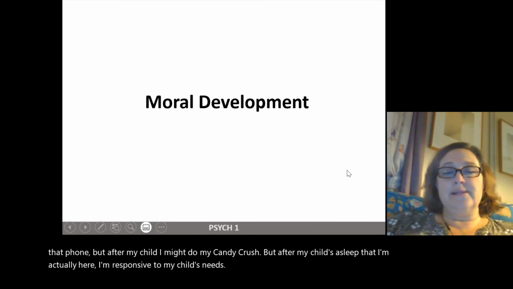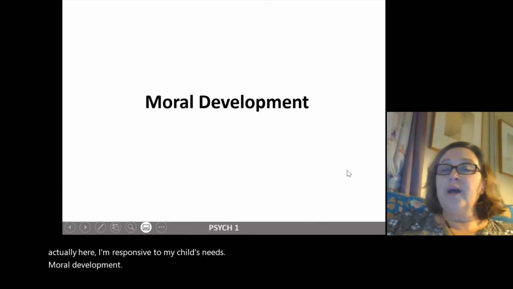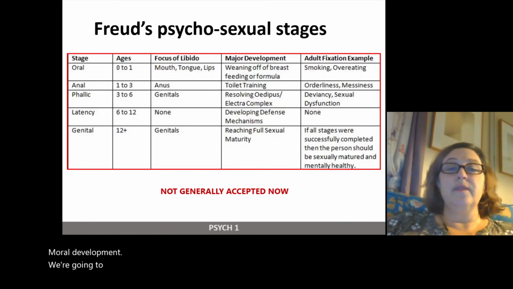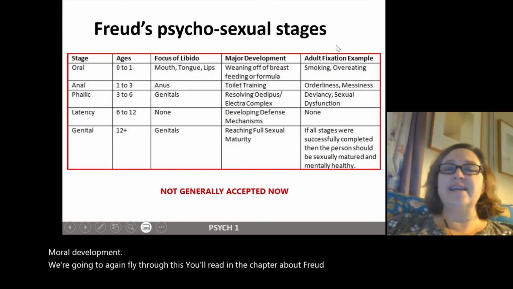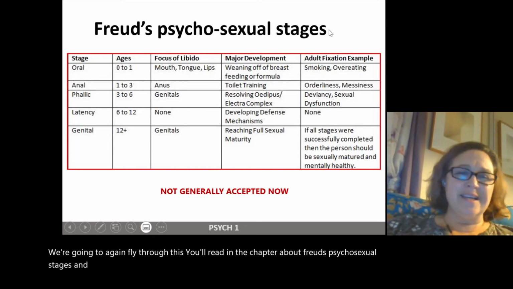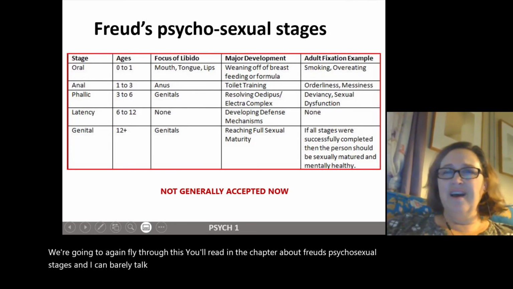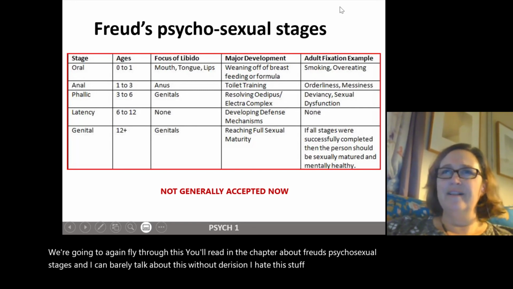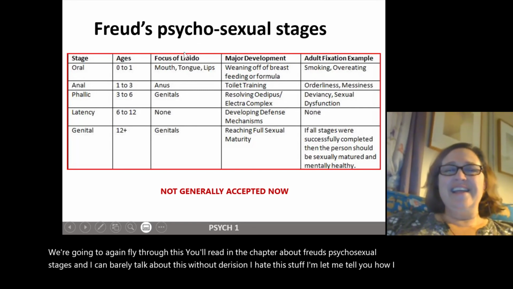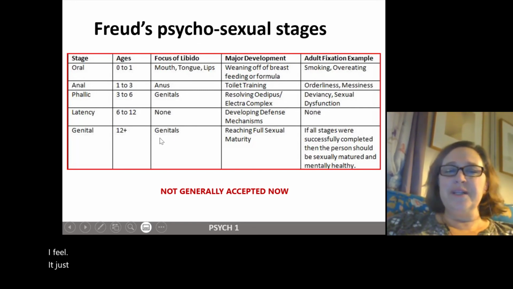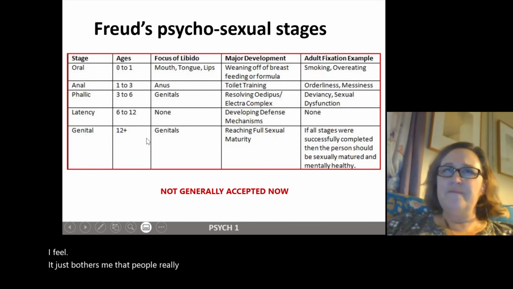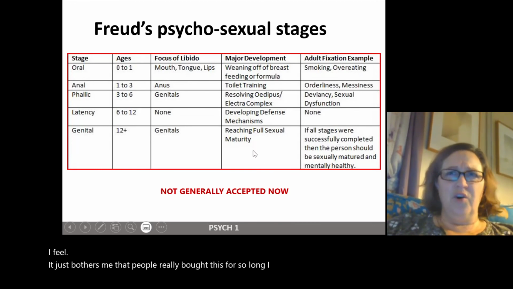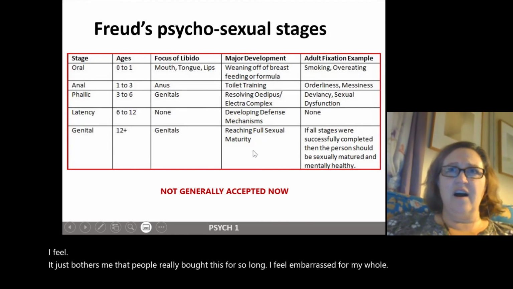Moral development. We're going to again fly through this. You'll read in the chapter about Freud's psychosexual stages, and I can barely talk about this without derision. I hate this stuff. Let me tell you how I feel. It just bothers me that people really bought this for so long. I feel embarrassed for my whole field of psychology.